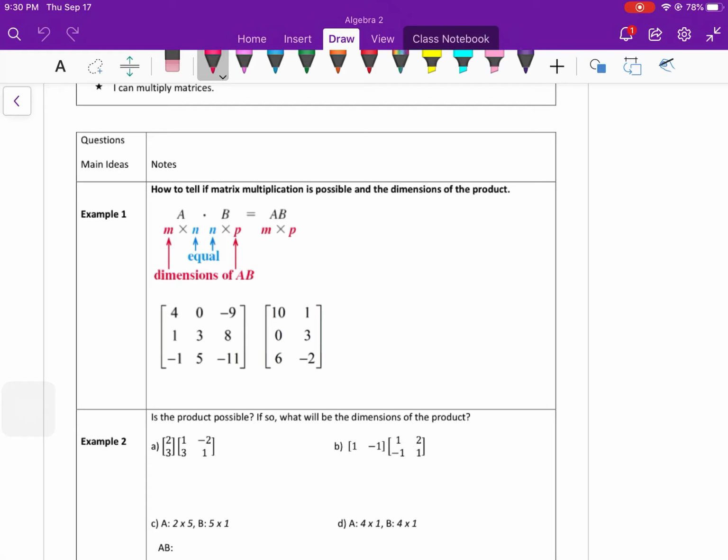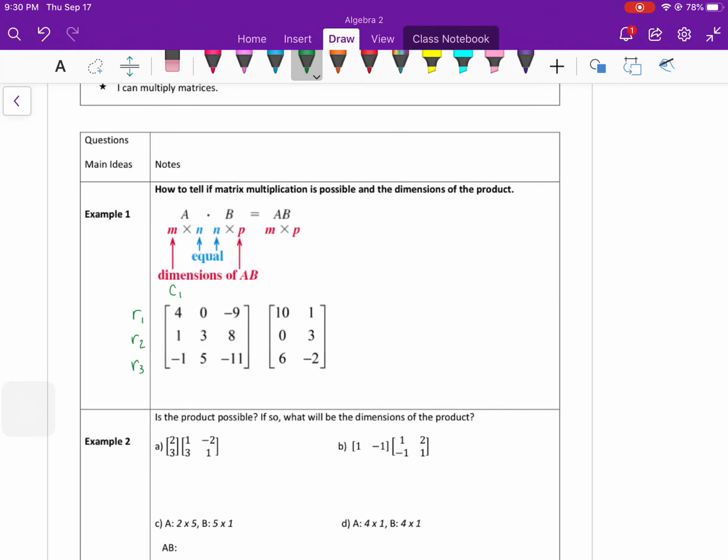Okay, so here's an example. Remember that it goes rows by columns. So this is row 1, row 2, row 3, column 1, column 2, column 3. So this first matrix is a 3 by 3 matrix. And then similarly, this one has row 1, row 2, row 3, column 1, column 2. So this is a 3 by 2 matrix, rows by columns.